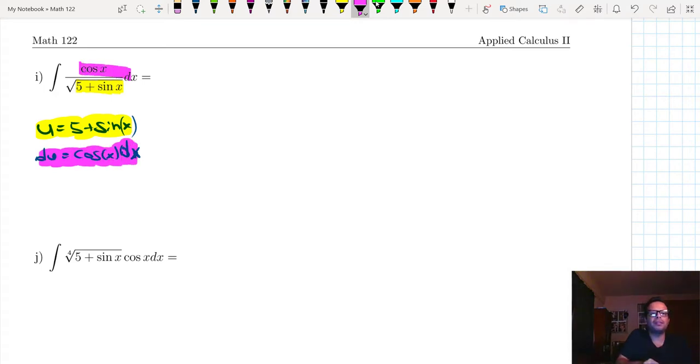That is right here. All right, so let's see. So we will have the integral of du divided by the square root of u.